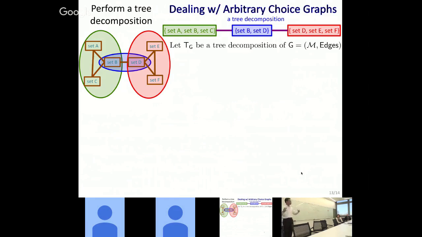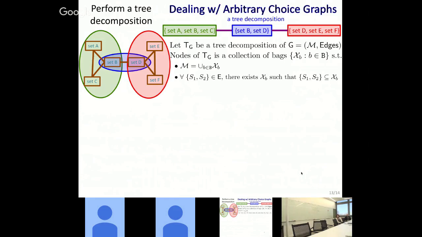Given a choice graph G, a TG is a tree decomposition if the following holds. The nodes of the tree decomposition are a collection of bags. So we have a green bag, a blue bag, and a red bag. That's true here. These bags must have the property that when you take the union of all of them, you must get the entire collection back. That's also true here.